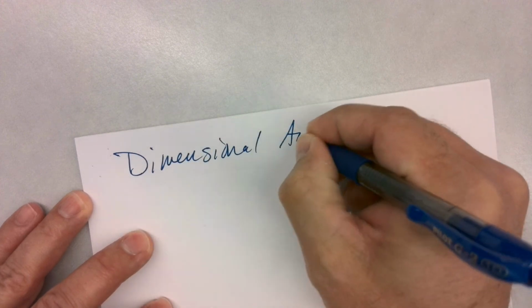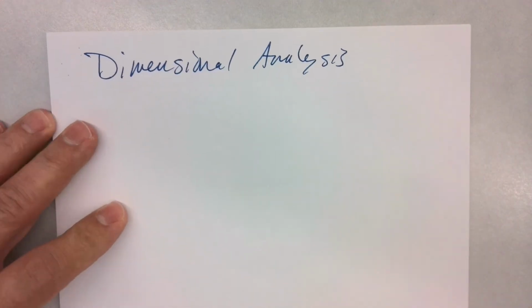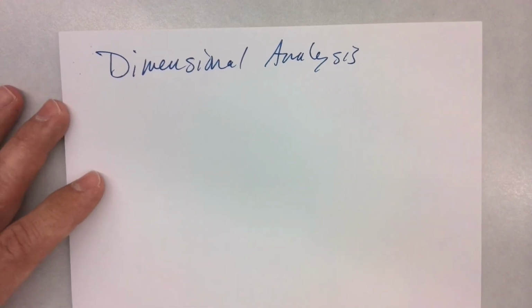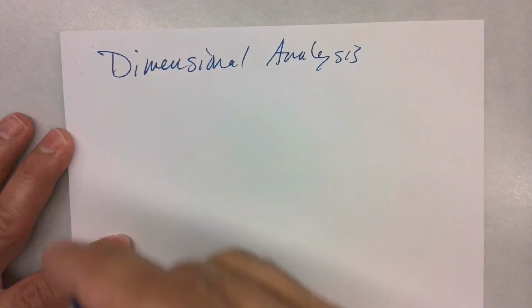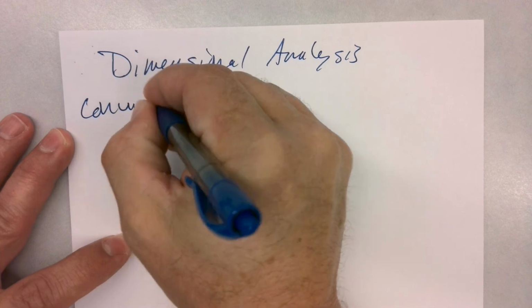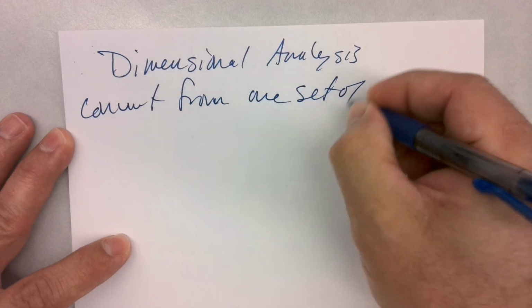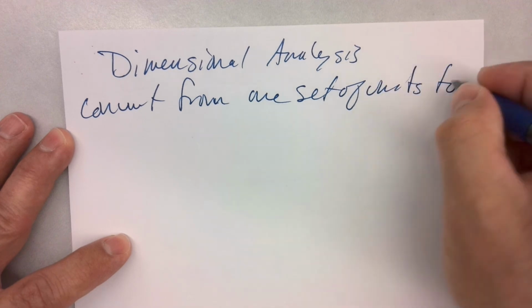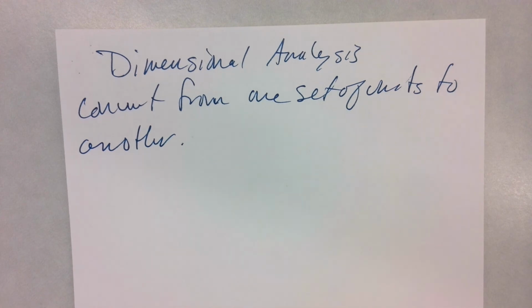Alrighty. Now, from there, we are going to start into what is known as dimensional analysis. What we're going to do in dimensional analysis is basically convert from one set of units to another. And typically we're going to do this multiple times.